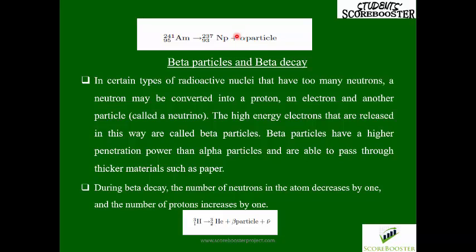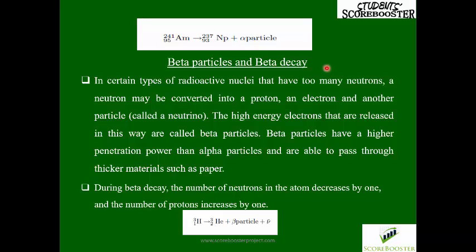So if we add 4 plus 237, we get 241. If we add 2 protons plus 93, we have 95. So it depends on representation. One can use this sign, or one can use the normal sign of helium. The most important thing is to make it balanced.